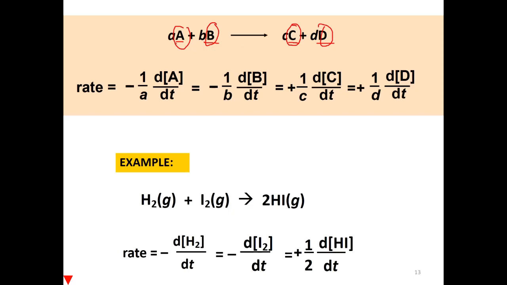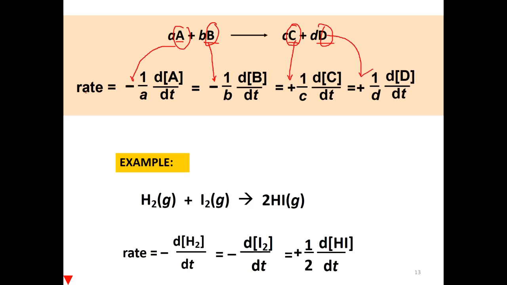If A and B are reactants, the rate must have a negative sign. So negative for A, and B is also a reactant, negative. C is a product, so positive. D is also a product, positive.